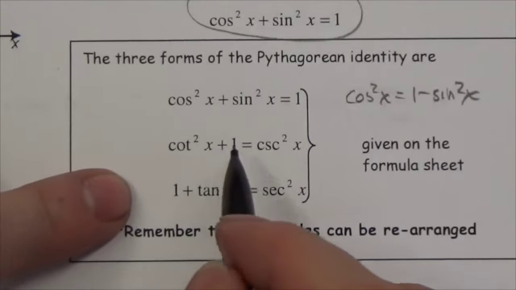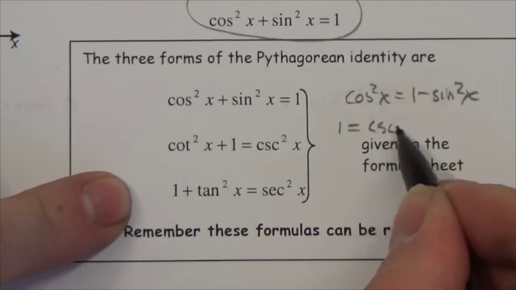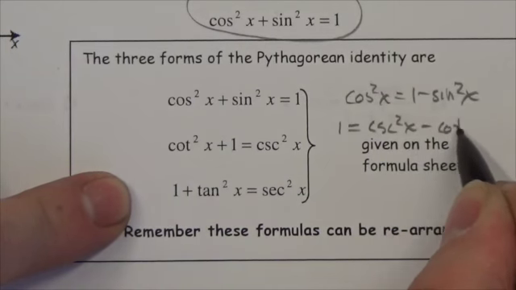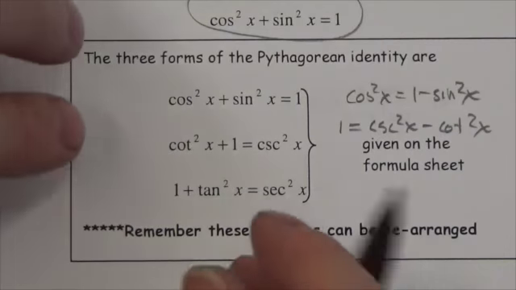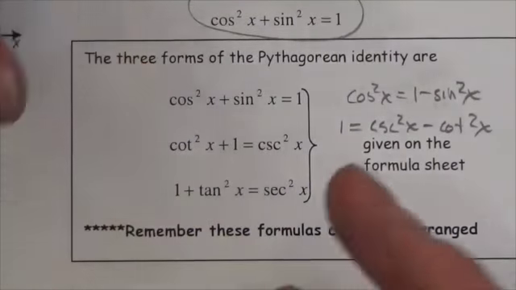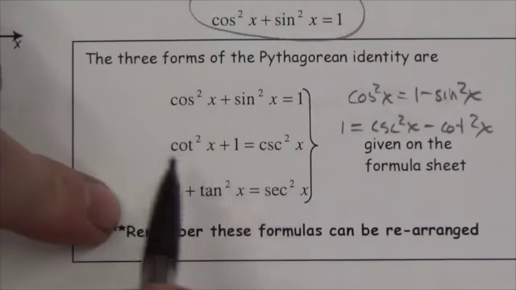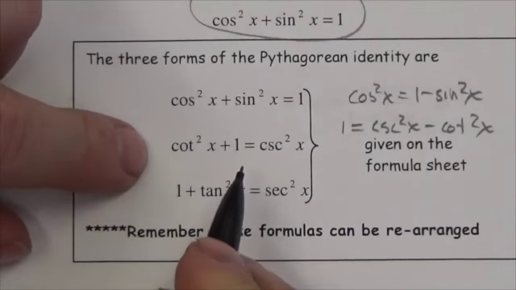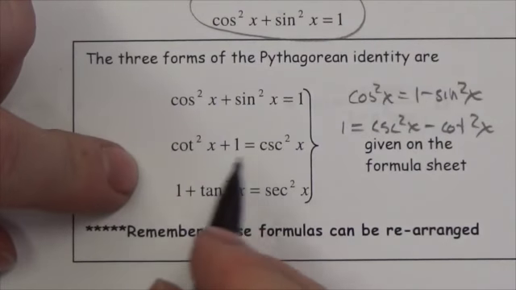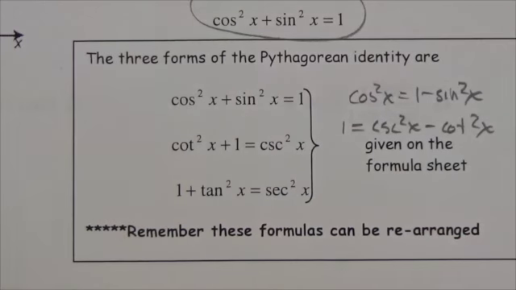And 1 is going to equal the cosecant squared of x minus the cotangent squared of x. In other words, you can manipulate these equations algebraically and they remain identities. You don't always have to see them exactly like this to make the substitution. You can manipulate it a little bit to find the specific expression that you need.